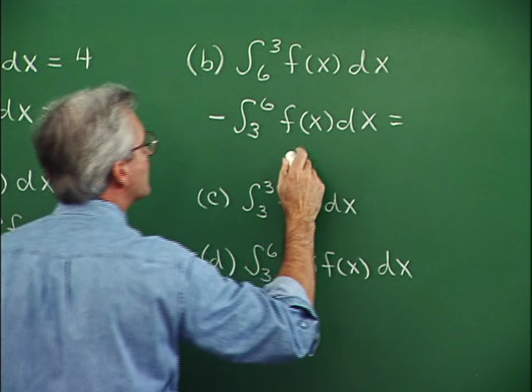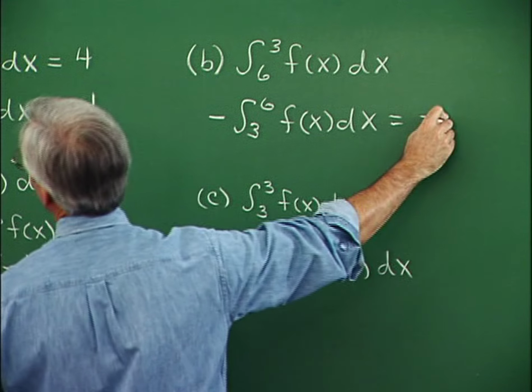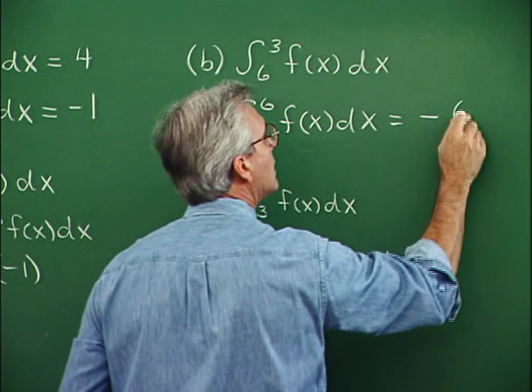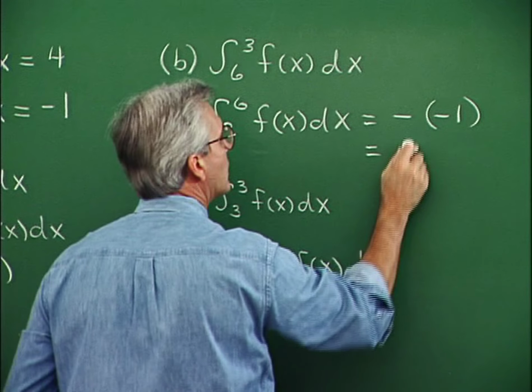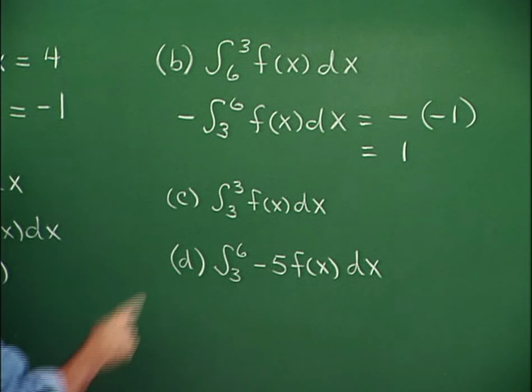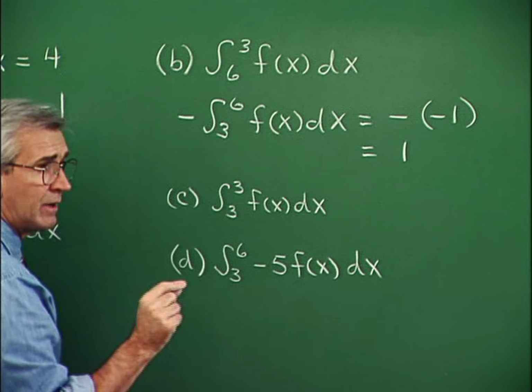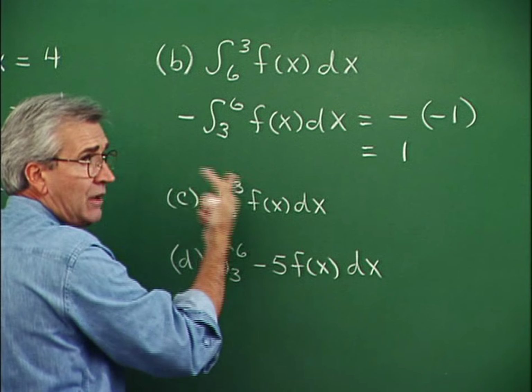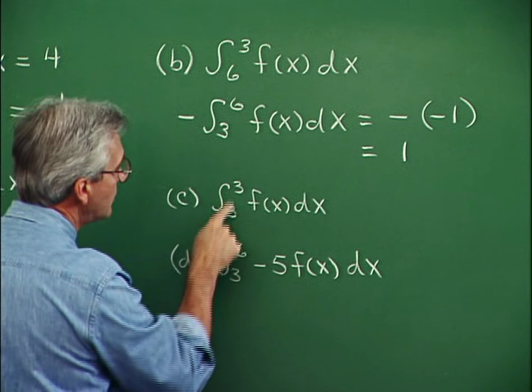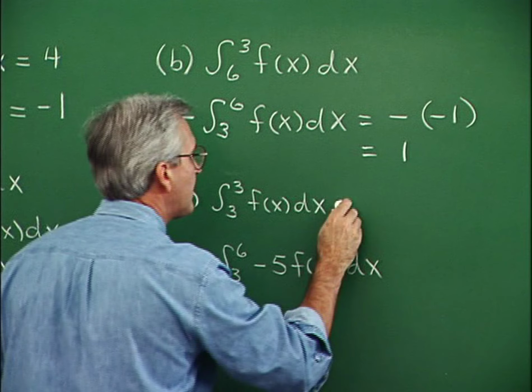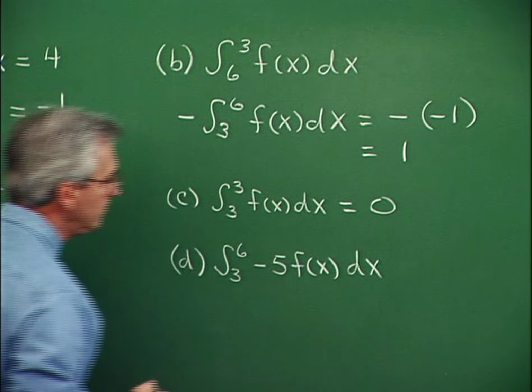And so it is the negative of, let's see, from 3 to 6 was -1, and so this turns out to be 1. The integral from 3 to 3 of f of x dx. Gee, we don't need the values we were given over here, because when these two numbers are the same, we're talking about 0 for the result.